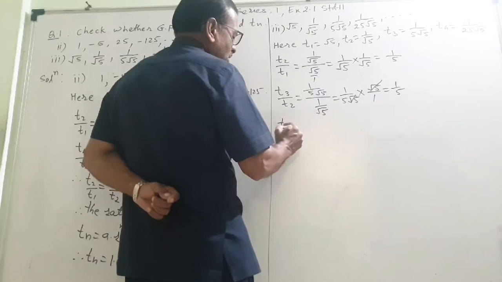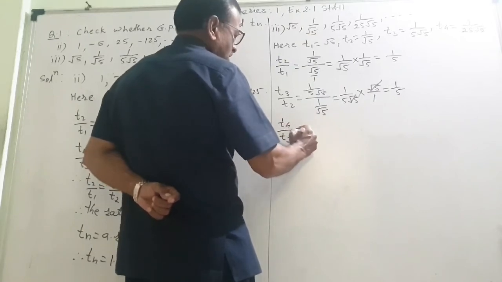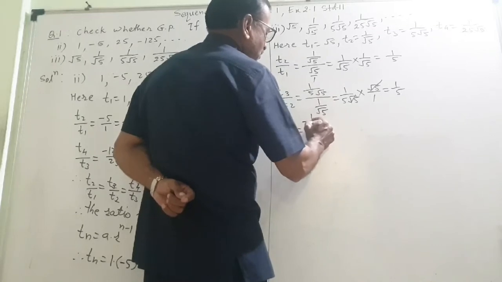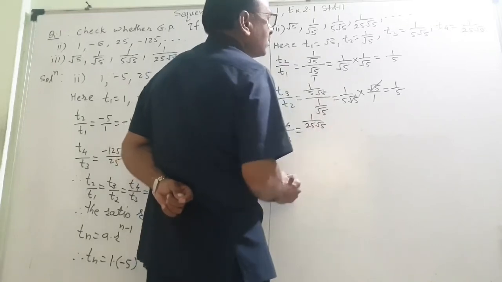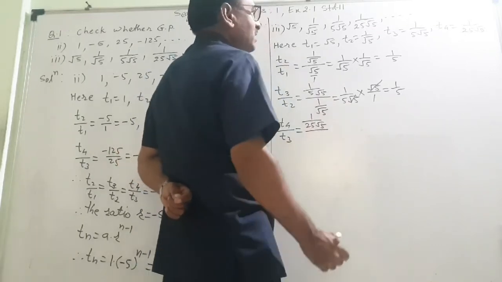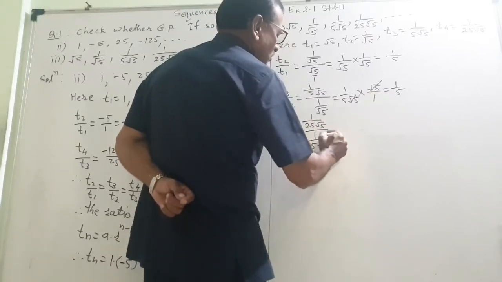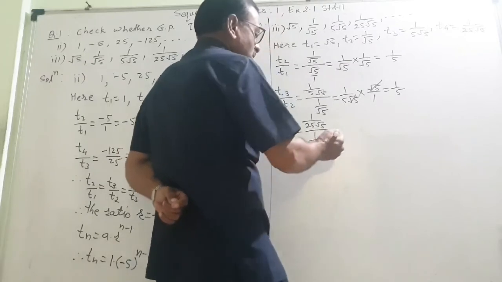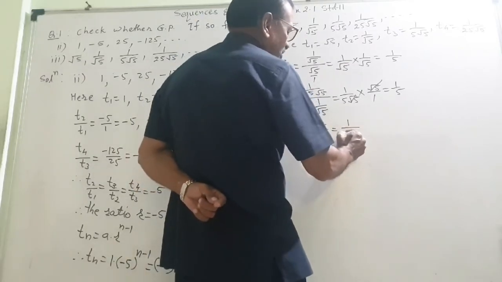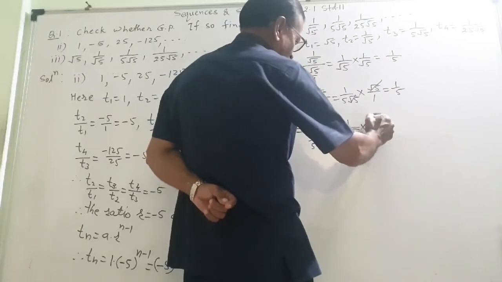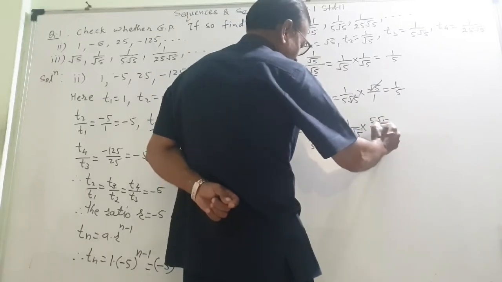Now T4 upon T3 is equal to, T4 is 1 upon 25 root 5 divided by T3, which is 1 upon 5 root 5. So this is equal to 1 upon 25 root 5, and this will become 5 root 5 upon 1.